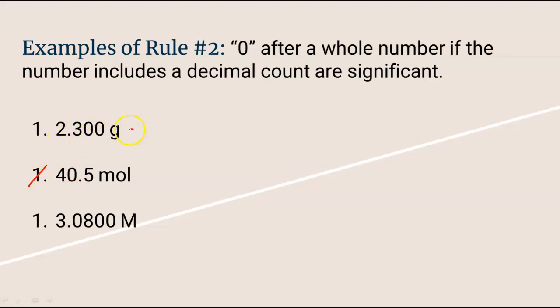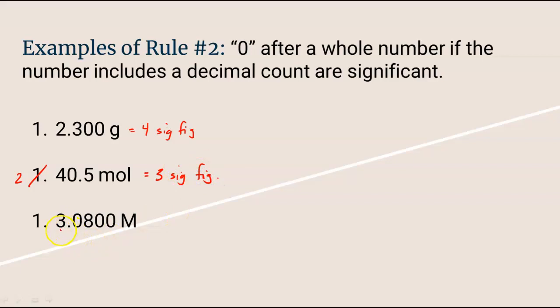That's a whole number, and so you would say you have 4 sig figs. For this second one, you have again a 0 after the whole number. It's okay that the 0 was before the decimal. As long as the number has a decimal, it is included. So this number has 3 sig figs.